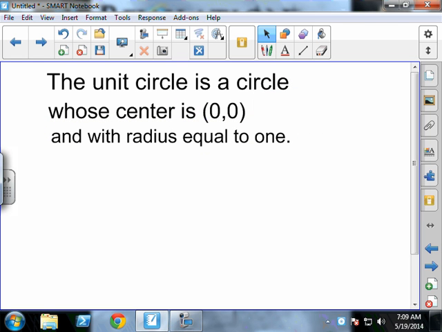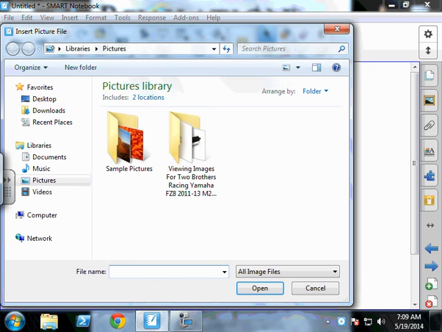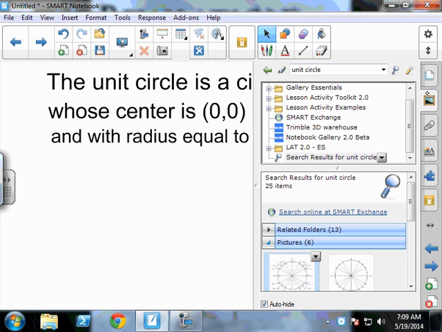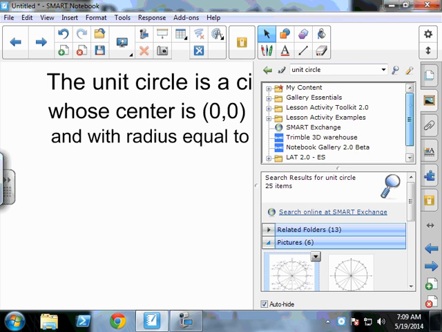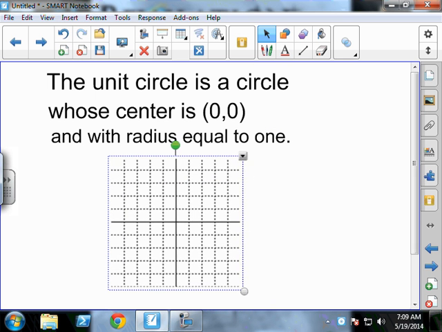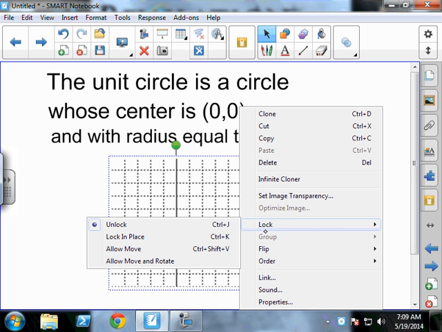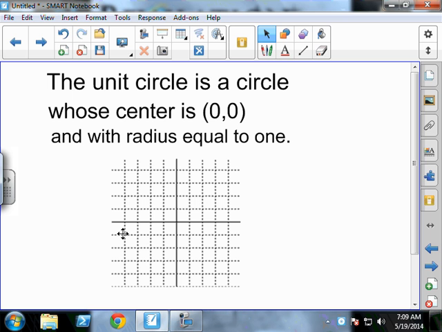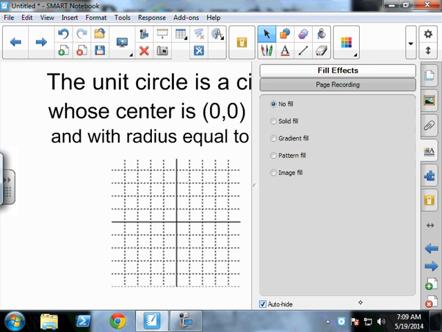So the deal with the unit circle is this. Let's just put in a 5 by 5. So if we look at the Cartesian plane like so, and we were to put a circle around that Cartesian plane, let me change its color.